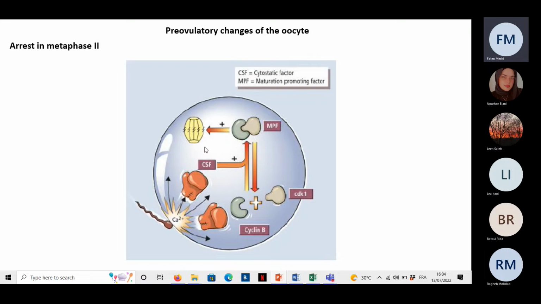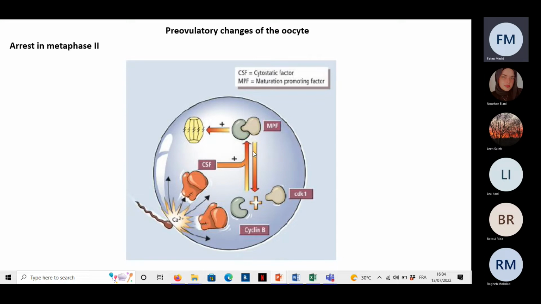Okay, and now when we have the fertilization process, it will lead to an increase of the intracellular calcium levels. So this will lead to the increase of the levels of calcium inside of the oocyte 2. And this increase in the calcium levels will lead to the destruction of the CSF.